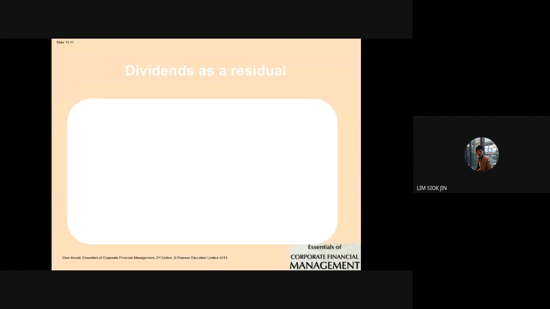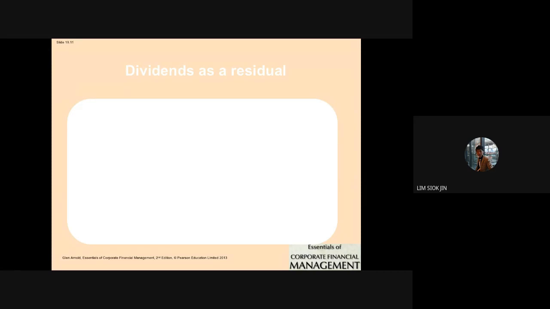So this earnings is the extra for the company. So if the company got extra, it's good. But this extra money, right? It can be used for many things. It can be used to upgrade the company. It can be used to expand, to grow, to invest in new projects or new planning or new things. Alternatively, this money can also be given back to shareholders.